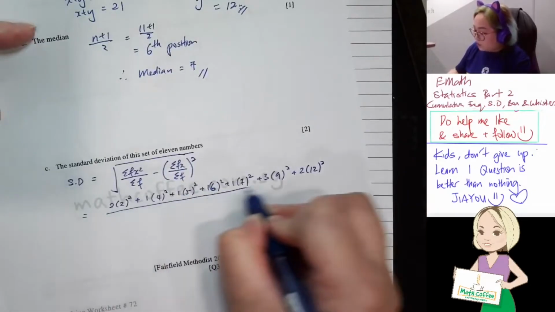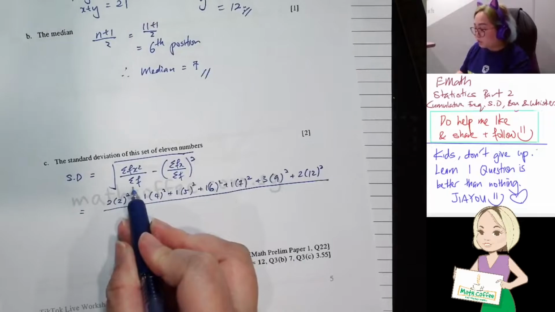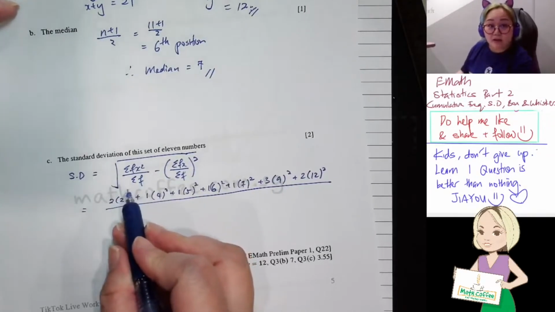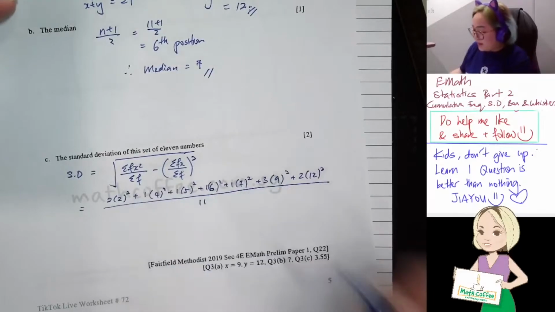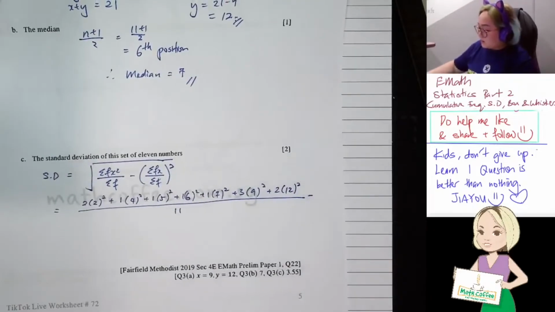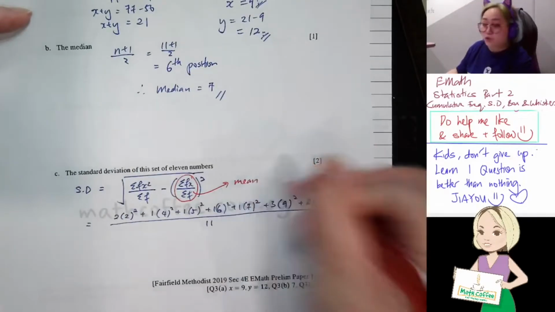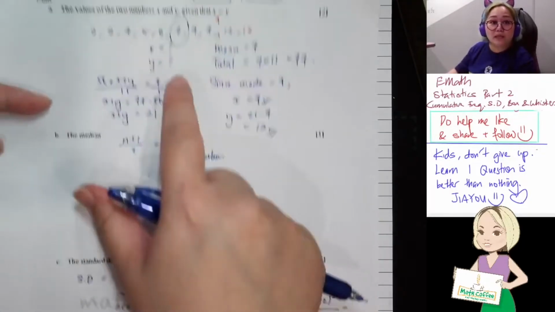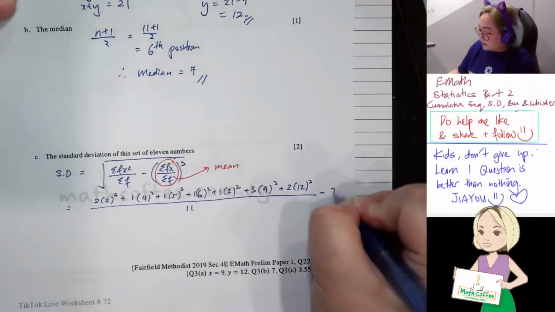The whole thing over sum of f, which means the total numbers I have. The total number I have is 11 data, correct? So it's over 11. Minus, take note, the mean. So you don't go and redo the calculation again, because you already know the mean is 7. So this is just minus 7 squared.